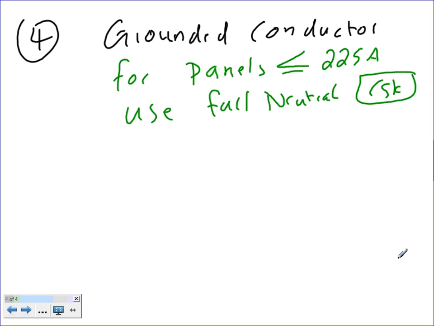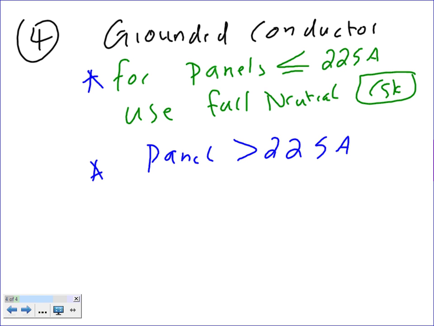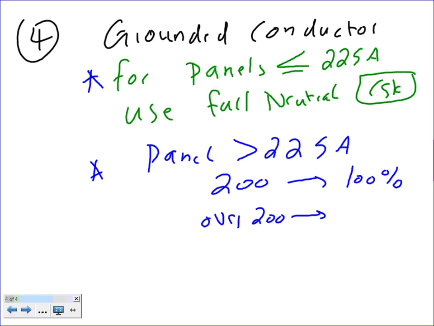The second component: if the panel is more than 225 amps, then the first 200 at 100%, and over that 70%. Where is that?